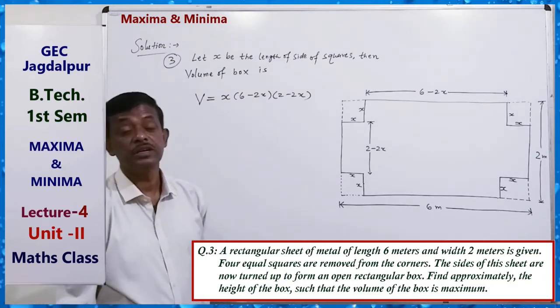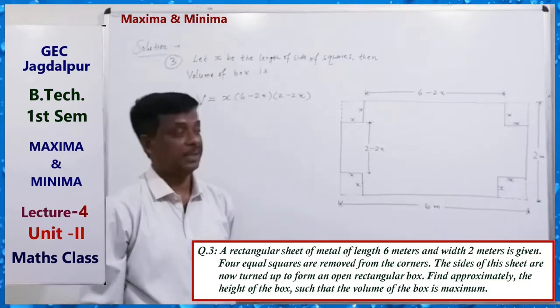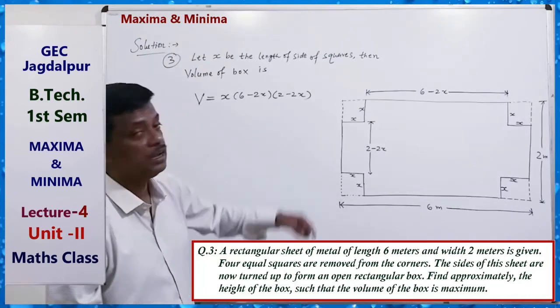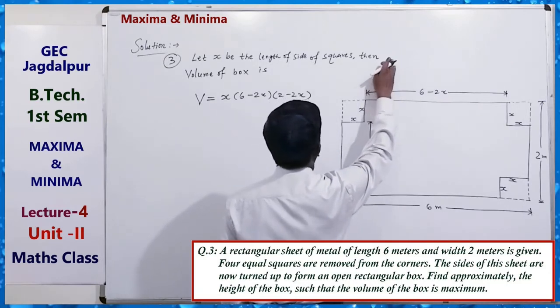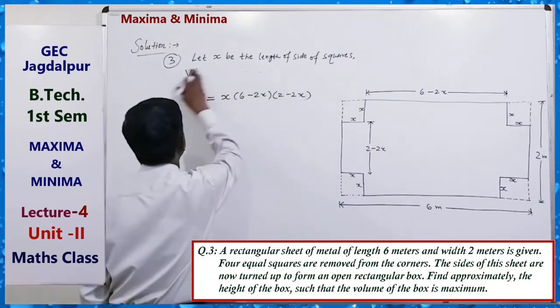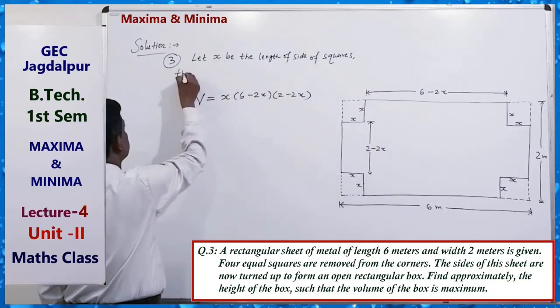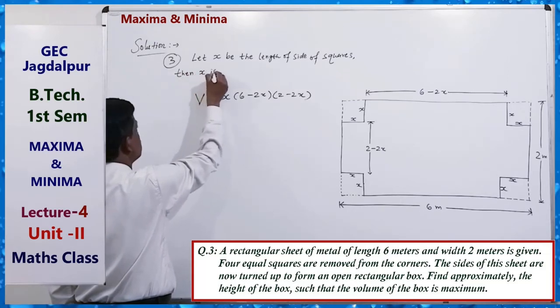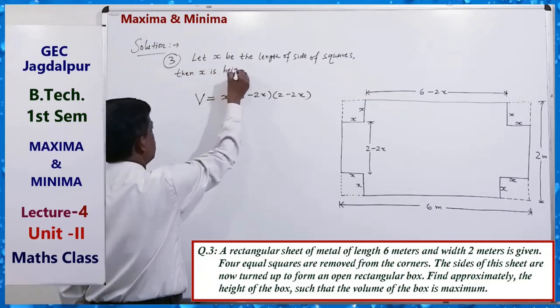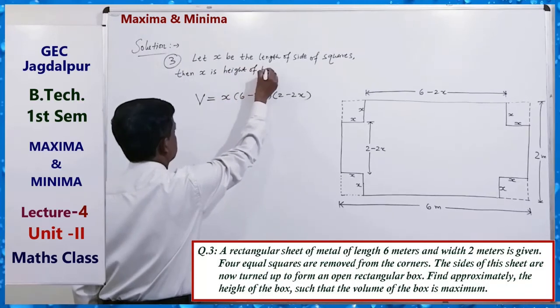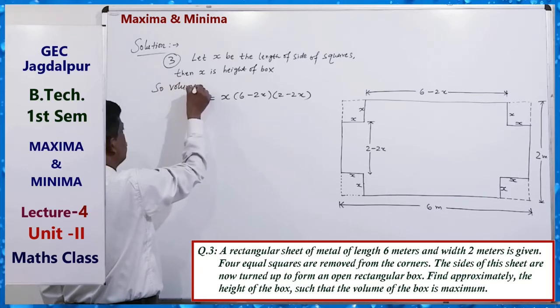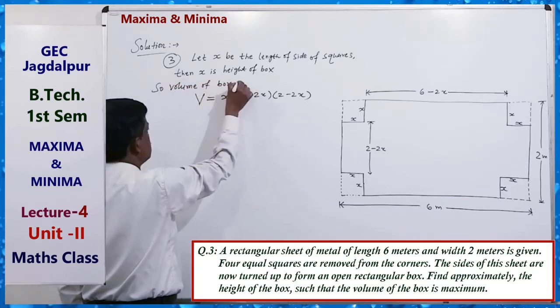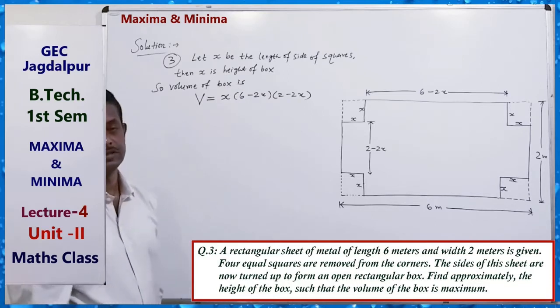Now this volume should be maximum. And x is the height of the box, so the volume of the box is this.